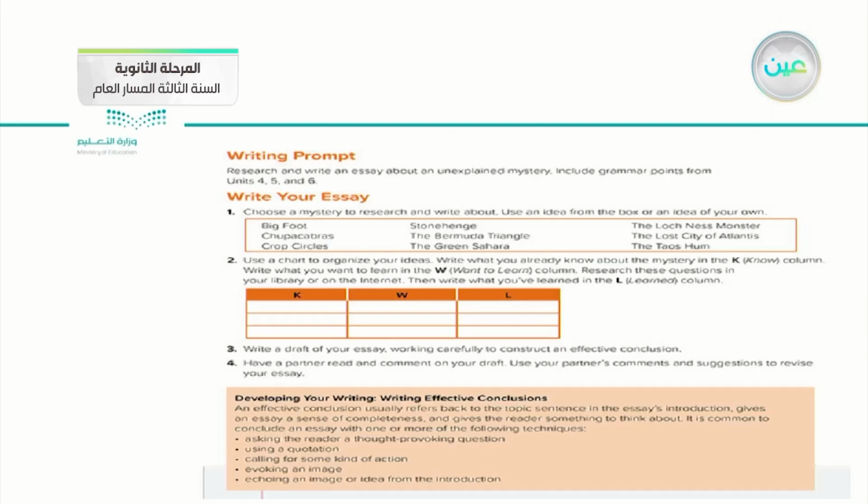Okay, the last point for our lesson today is the writing prompt. Research and write an essay about an unexplained mystery. Include grammar points from Units 4, 5, and 6. So we noticed that we should apply the grammar from Units 4, 5, and 6, which we discussed before, in your writing essay.